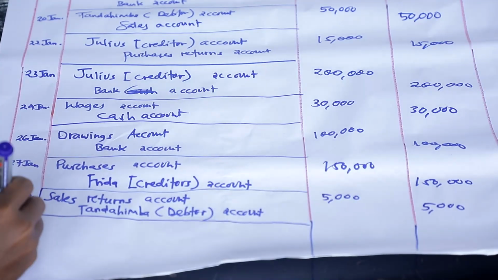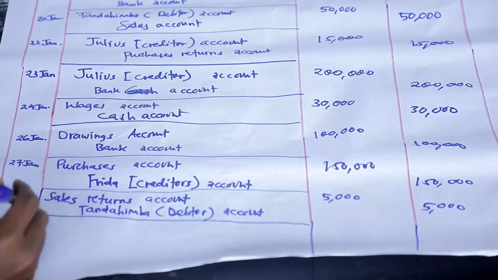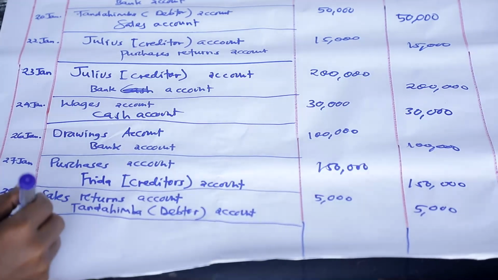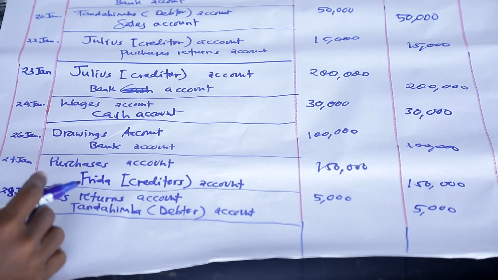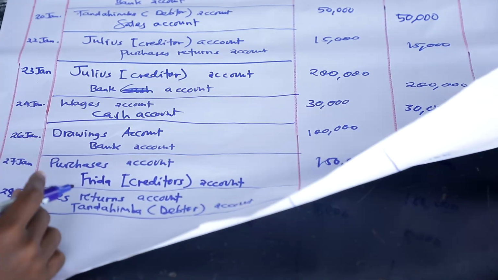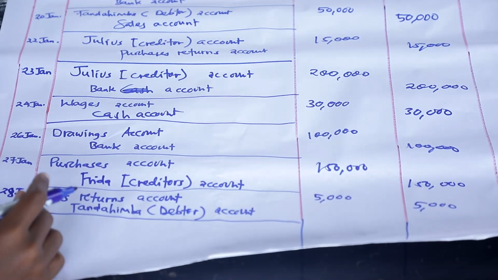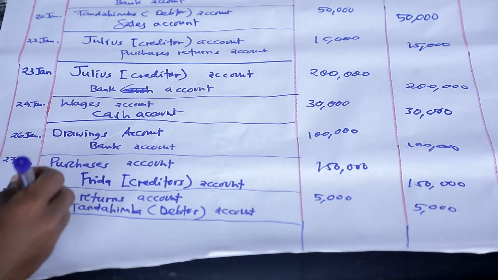So after there we're going to the next transaction, it should be on 29 January. They say that received the rent in terms of cash. Received the rent. So this is a rent received, and rent received is a revenue, and revenue has a credit nature.